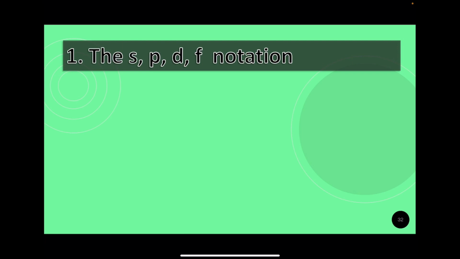This SPDF notation you already learned in the previous part, for example when we write down the electronic configuration for sodium. You must use the number of protons or the number of electrons that they have. For sodium, the number of electrons is 11.